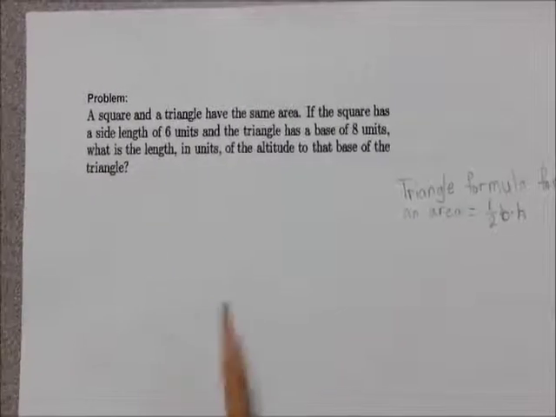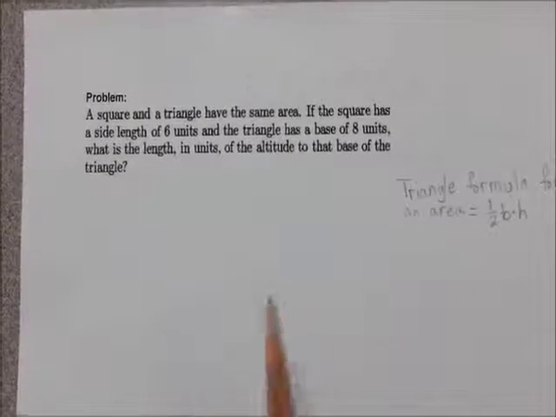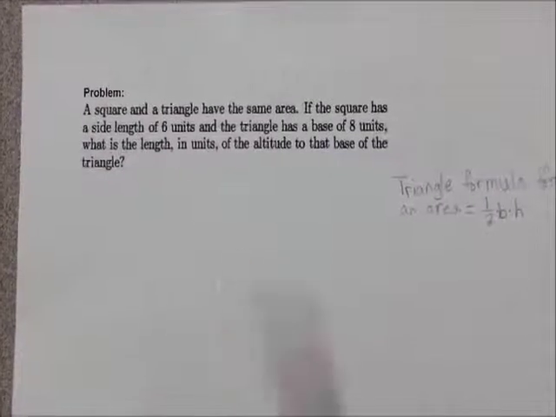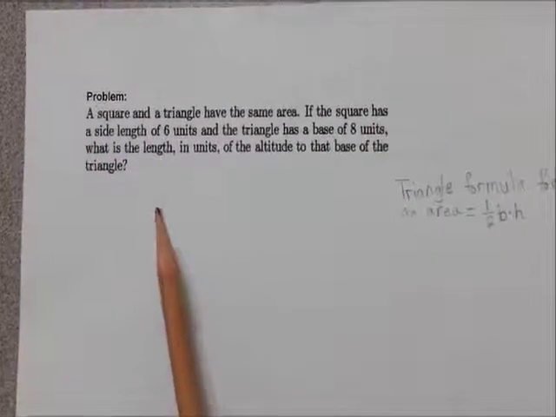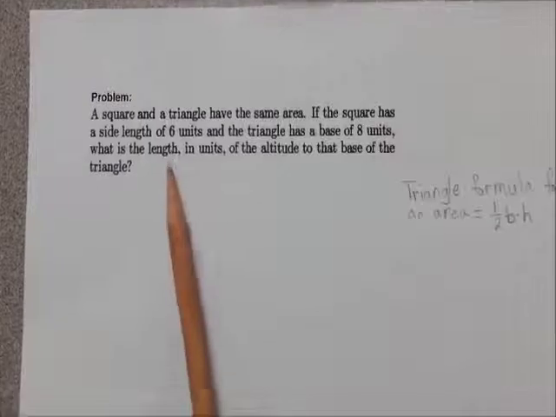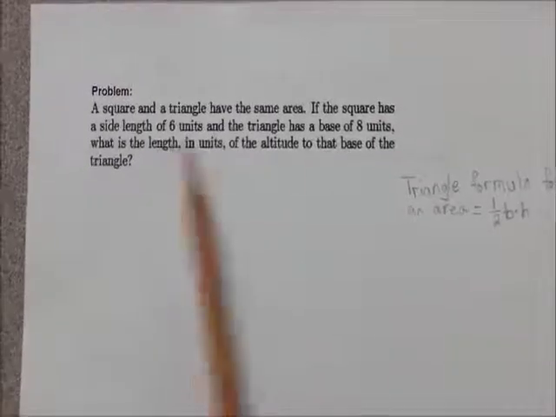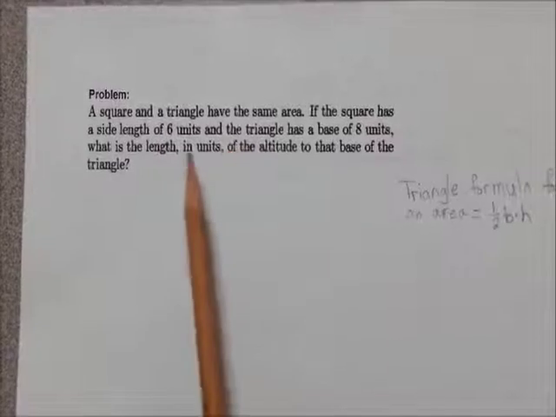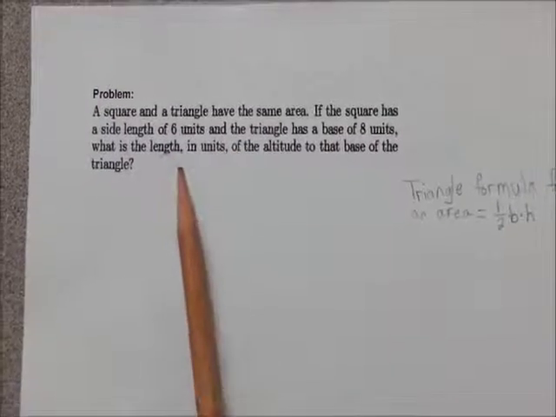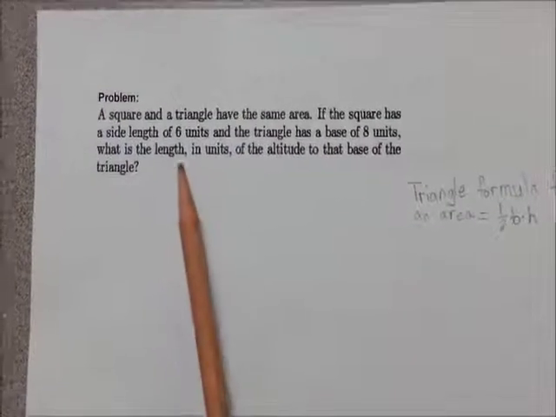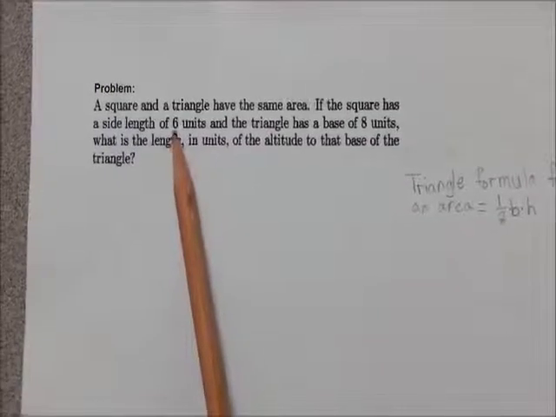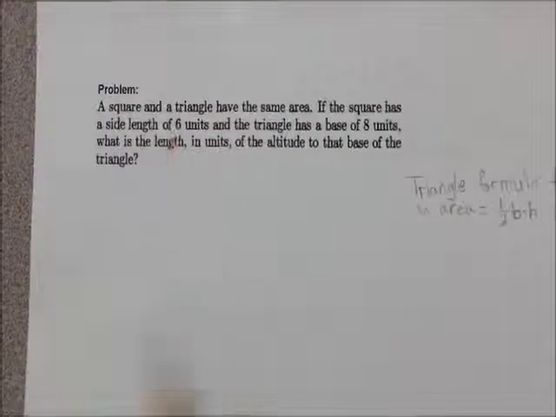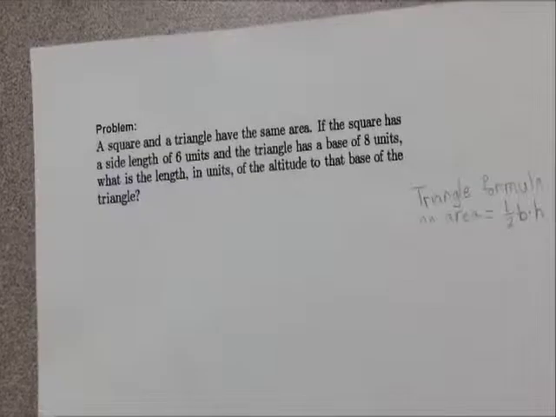So both triangle and square have the same area. And we need to find the area to know what they equal. And the area of the square is 36 because one length is 6, and 6 squared, or 6 times 6, is 36.